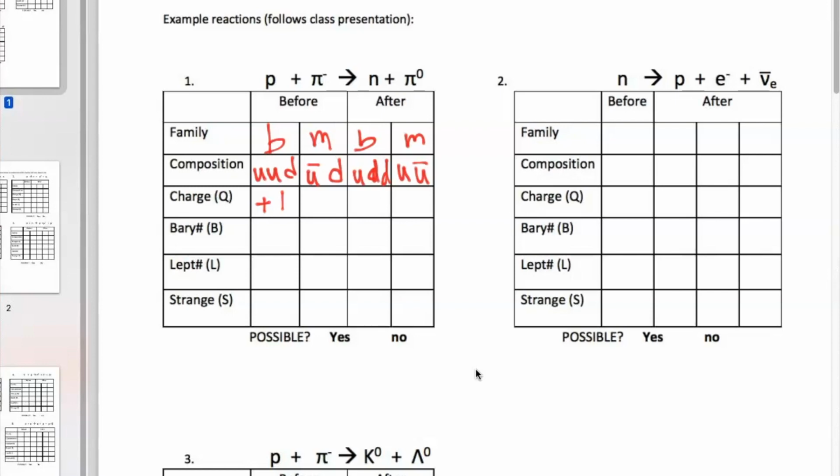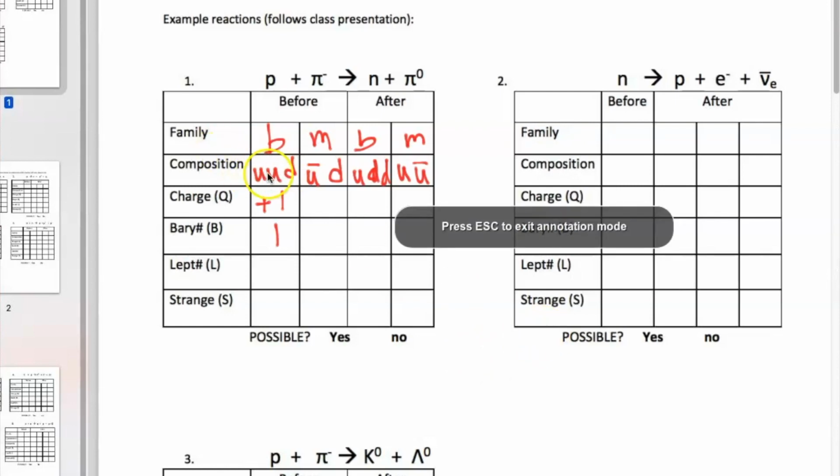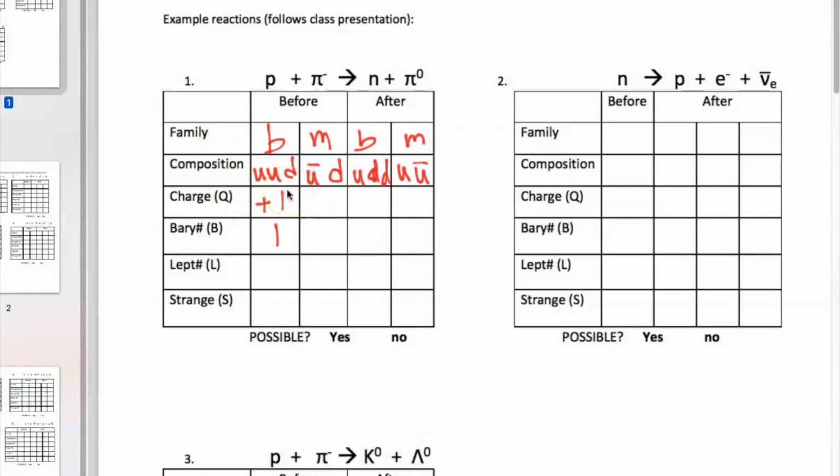A proton is a baryon, so it has a baryon number of 1, because it has three quarks in it, which each have a baryon number of positive 1/3, adding up to positive 1. And then it has a lepton number of 0 and a strangeness of 0 because it doesn't have any strange quarks, so we don't have to worry about it.